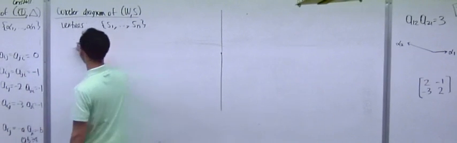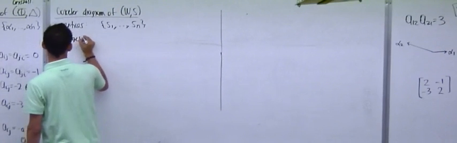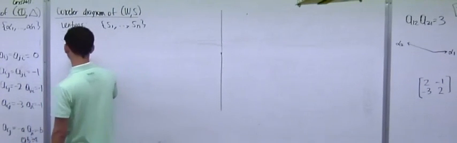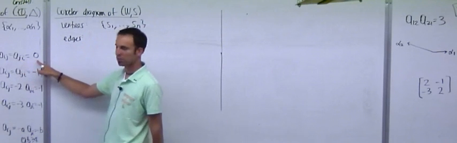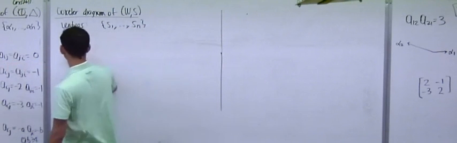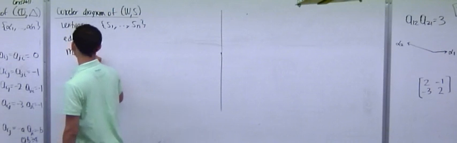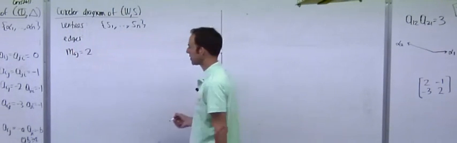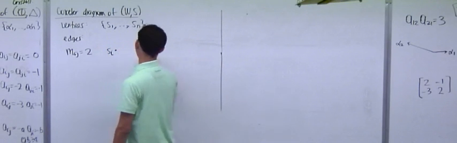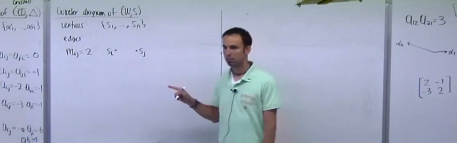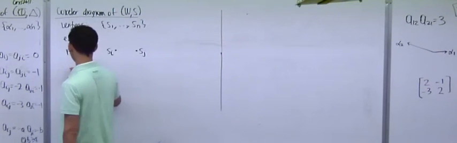And what edges do I have? Well, if aij equals aji equals 0, then I know that mij is equal to 2. And if you remember in the Coxeter diagram, the way that I represented that is by saying that there was no edge between Si and Sj. In this case, mij is 3.